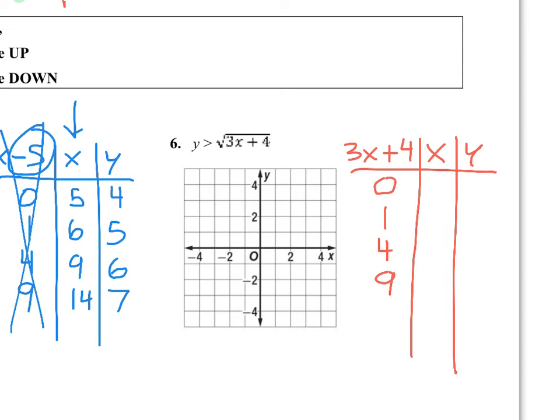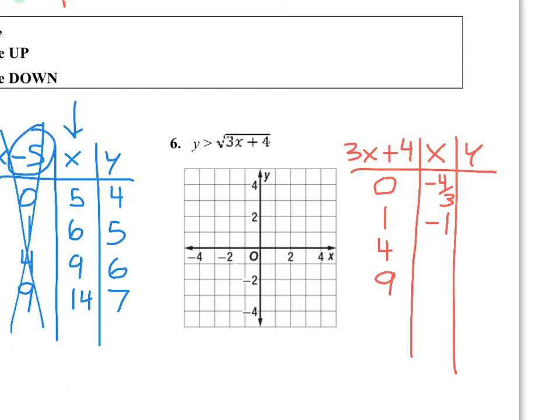Answer to that is negative 4 over 3. What value of x would make 3x plus 4 equal 1? So we would have to take 3x plus 4, set it equal to 1. So that would be negative 1 if we solve that.